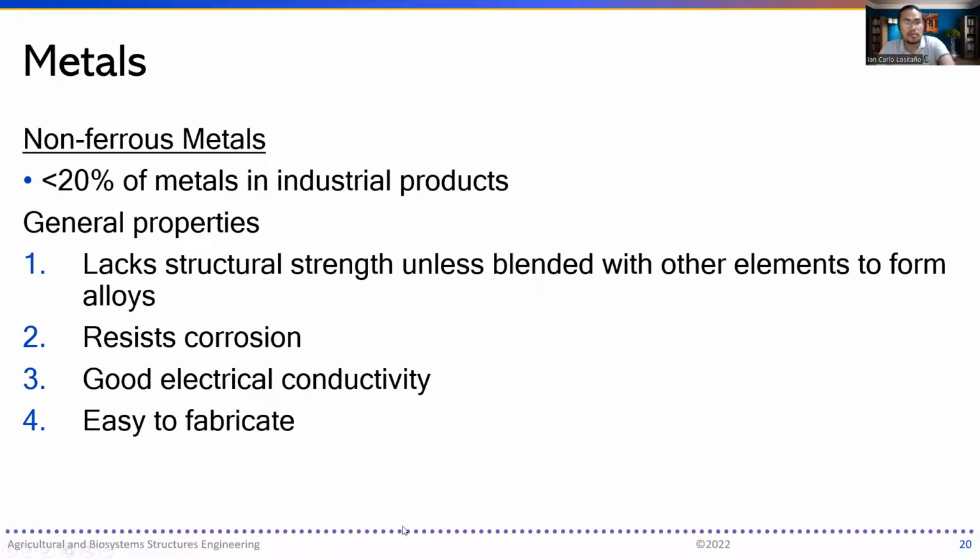Most of these non-ferrous metals lack structural strength, and they only get the structural strength because they're alloyed with, for example, iron. They also resist corrosion. That's a good thing with these metals, and they have good electrical conductivity, and they're easy to fabricate.